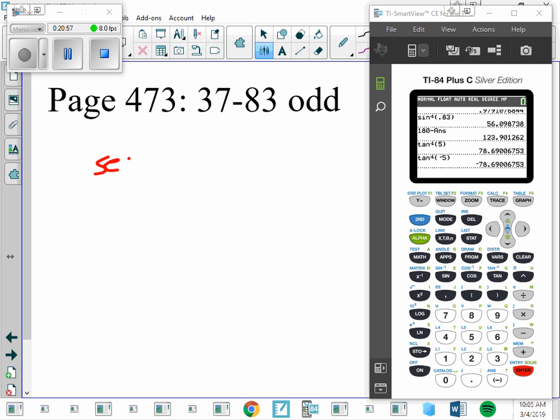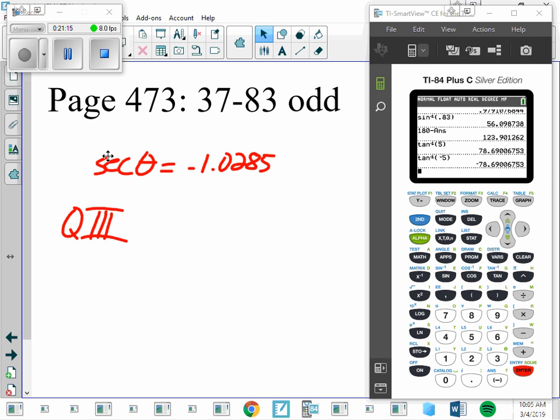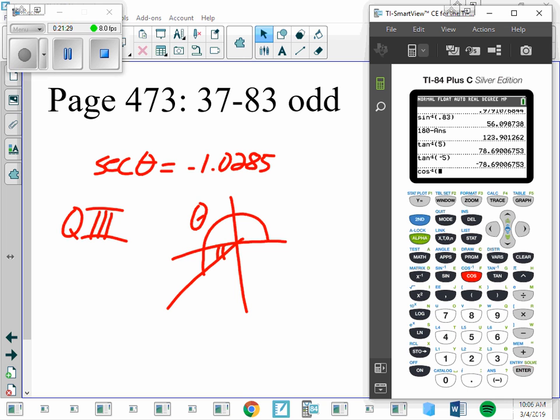What if the secant of theta is equal to negative 1.0285, and I am in quadrant 3? So I draw my angle in quadrant 3. That's theta. The reference angle is right there. So I'm going to do inverse cosine of negative 1.0285. And when I hit enter, I get error.